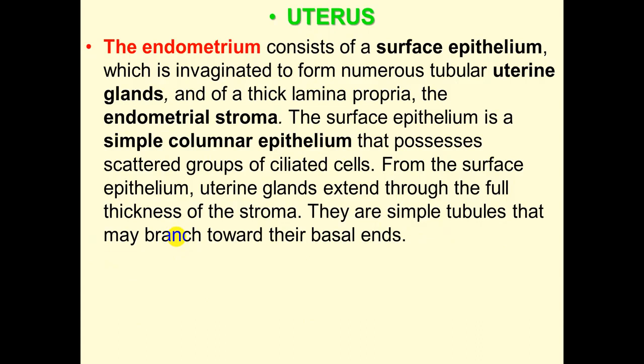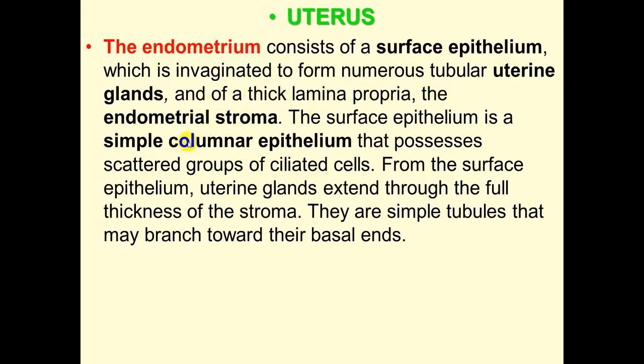The endometrium consists of simple columnar ciliated epithelium which rests on the basal lamina and lamina propria, but here we call it the stroma of the endometrium. The invagination of the epithelium of the endometrium into the lamina propria we call uterine glands.